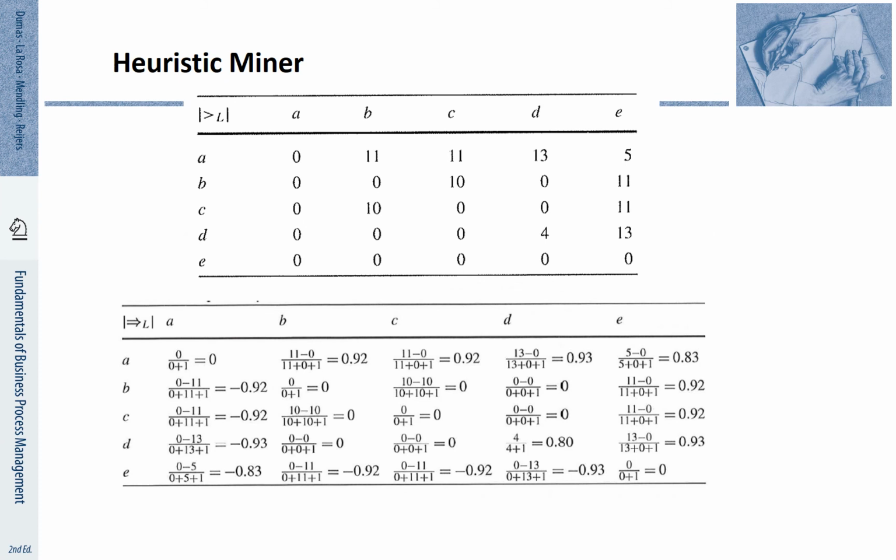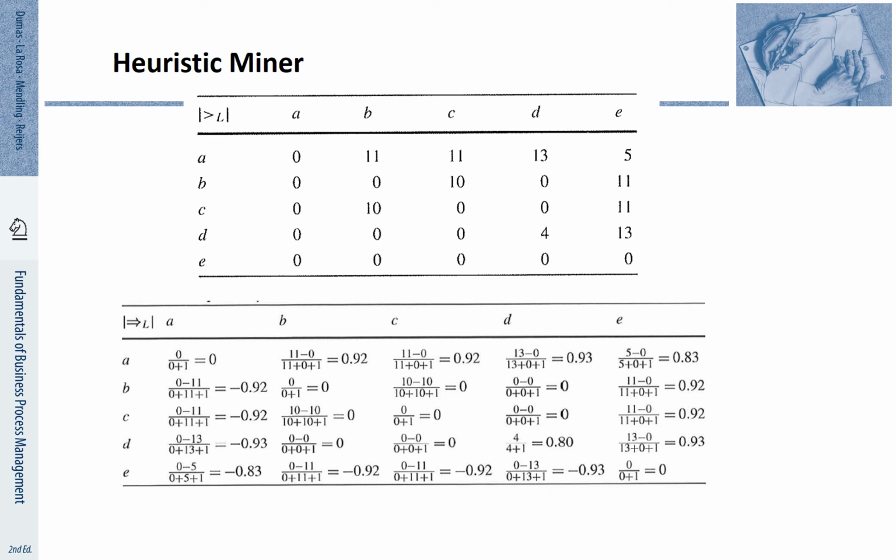Based on this formula, we can calculate for each of the pairs of activities which kind of dependency they are associated with, in a range between -1 and +1. If you look at the matrix at the bottom, you see that this is actually a matrix that is mirrored along the diagonal.